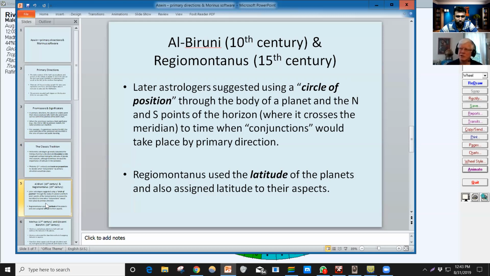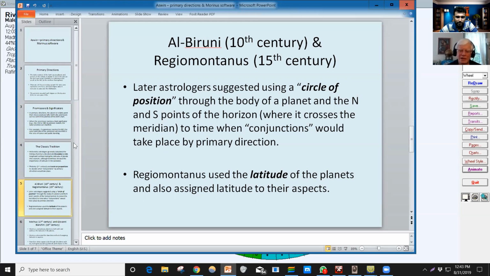And then I think Alan Leo, or one of his colleagues, came up with the idea of doing primary directions under the pole of the planet, meaning they sort of combined the Regiomontanus idea with the Placidus idea and came up with yet another system, trying to make the math more simple.